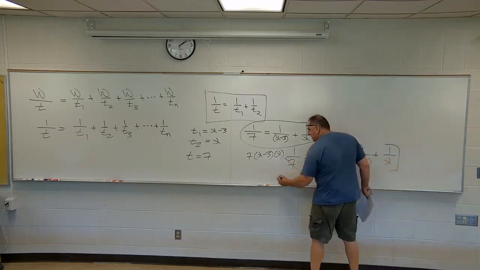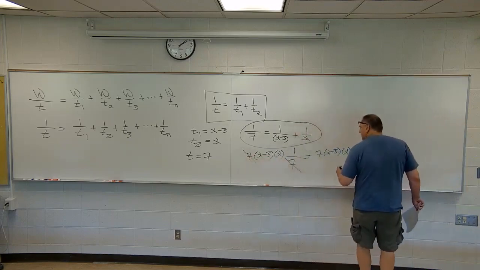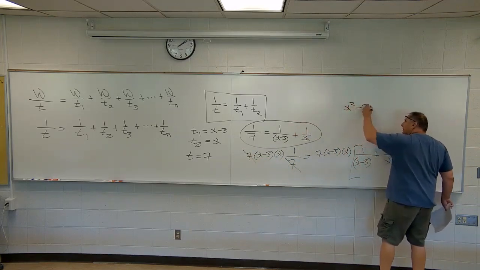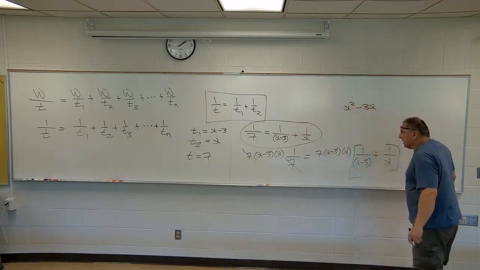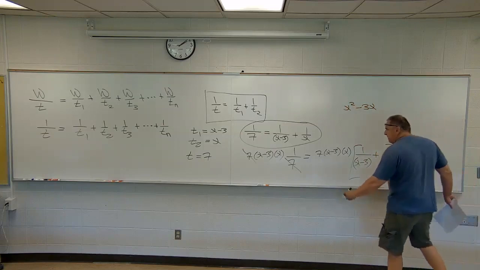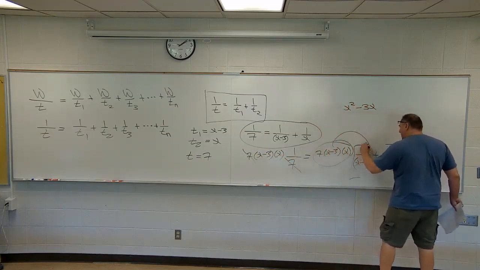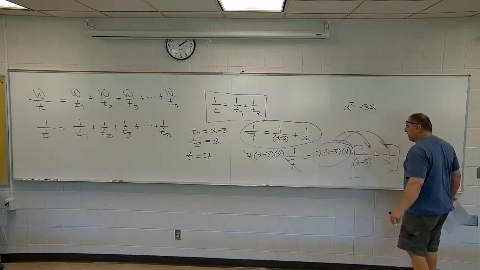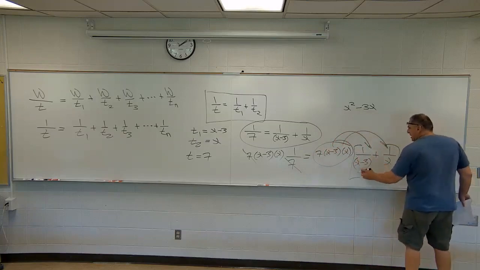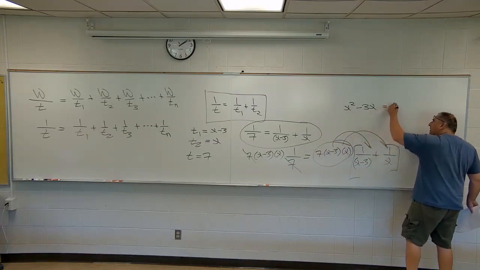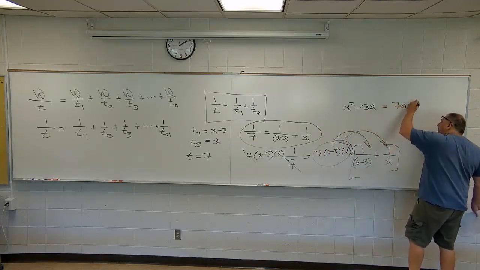Does 7 go into here? Yeah. 7 goes into here. Take this guy and go here and go here. Do it very carefully. X minus 3 goes into here 7x times.